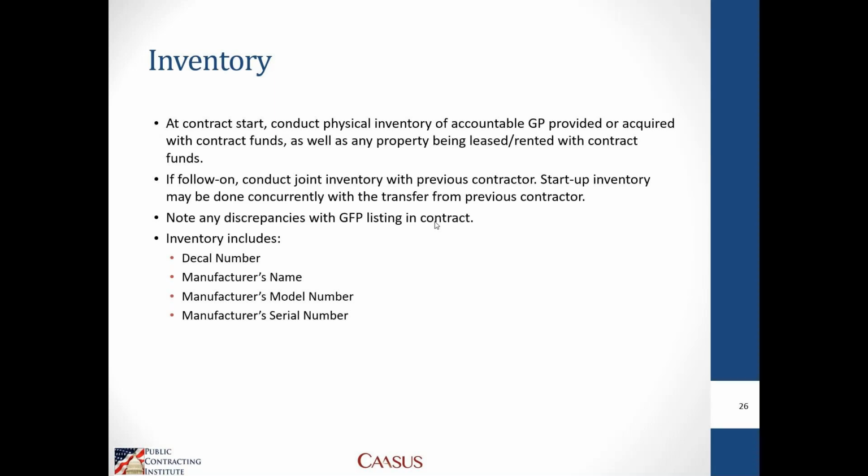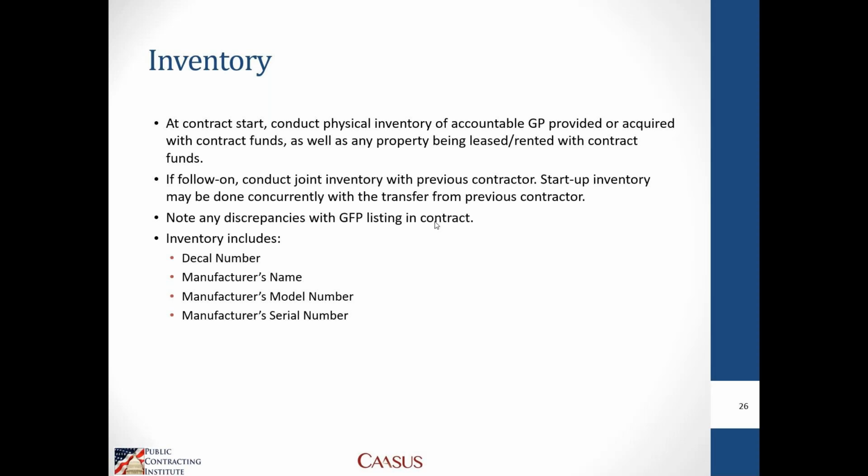If it's a follow-on contract and an incumbent is transferring property to a new contractor who won the recompete, typically there'll be a startup inventory at the time of transfer. And then sometimes that'll be done jointly between both the incoming and the outgoing contractors together.